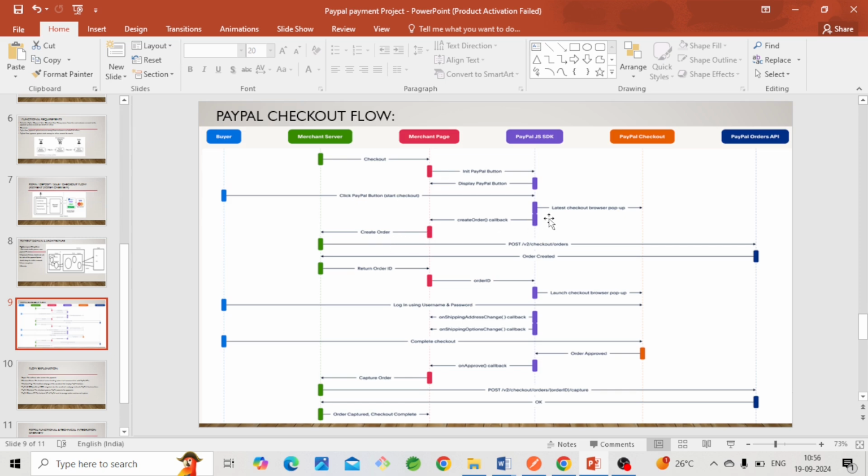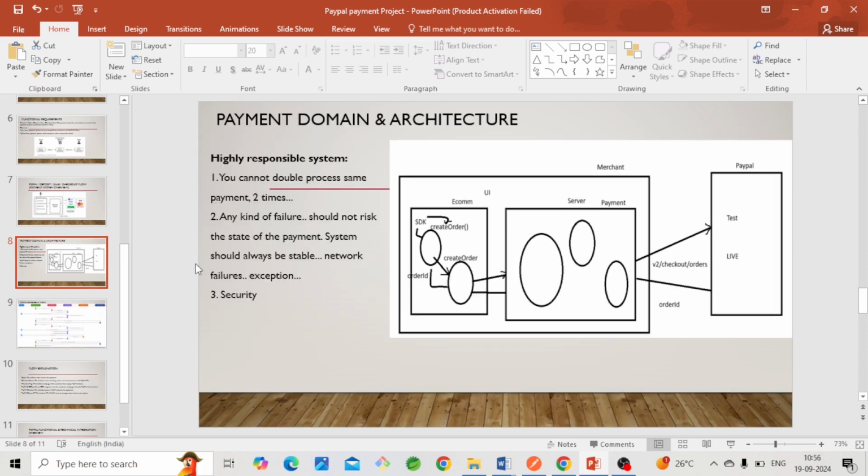Create order goes from the front end to the merchant page. Whenever we click on a front end page, it goes to the backend, as per the diagram.